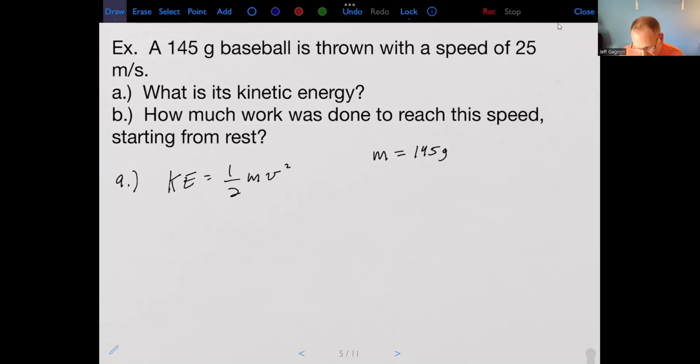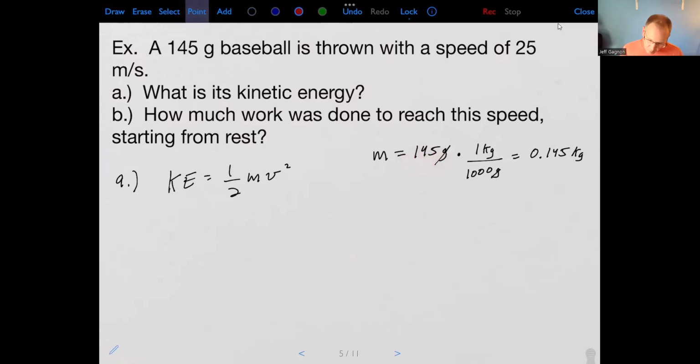There are 1,000 grams in 1 kilogram, so I can just move the decimal 3 places to the left. Or with unit conversion factors, I can multiply by 1 kilogram over 1,000 grams. This is going to be 0.145 kilograms. The easier way is just to move the decimal point 3 places to the left, and that takes you from grams to kilograms.